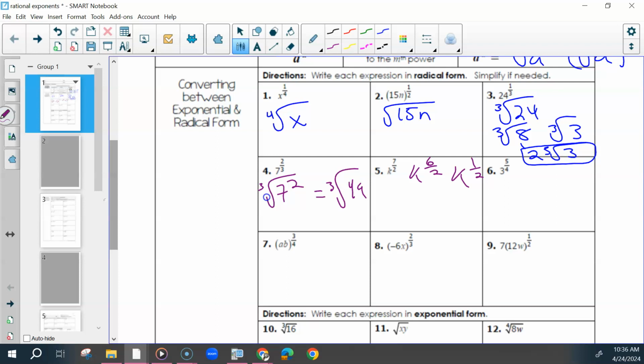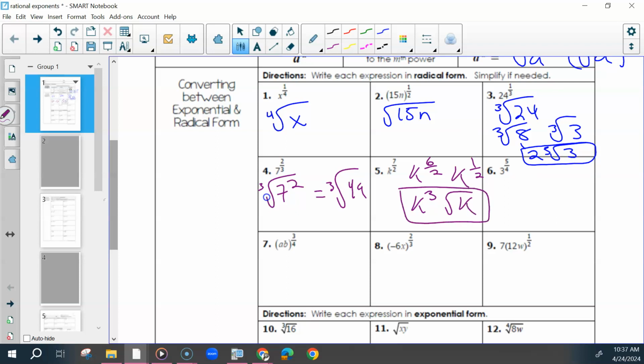And then I'm going to simplify. This will become k to the 3rd. And then I could rewrite this in radical form, which would be what? The square root of k.